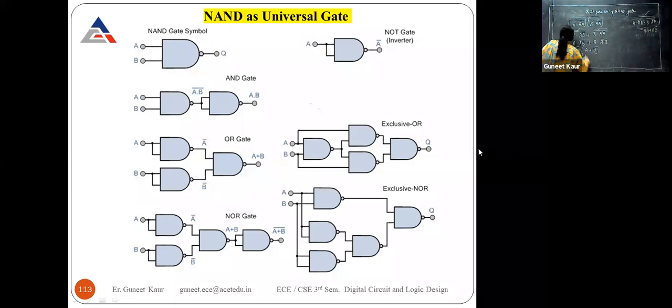This will be equivalent to this, and this will be A plus B. Now I will open the bracket by multiplication. After multiplication, I will get A dot A bar plus A bar B plus A B bar plus B into B bar.